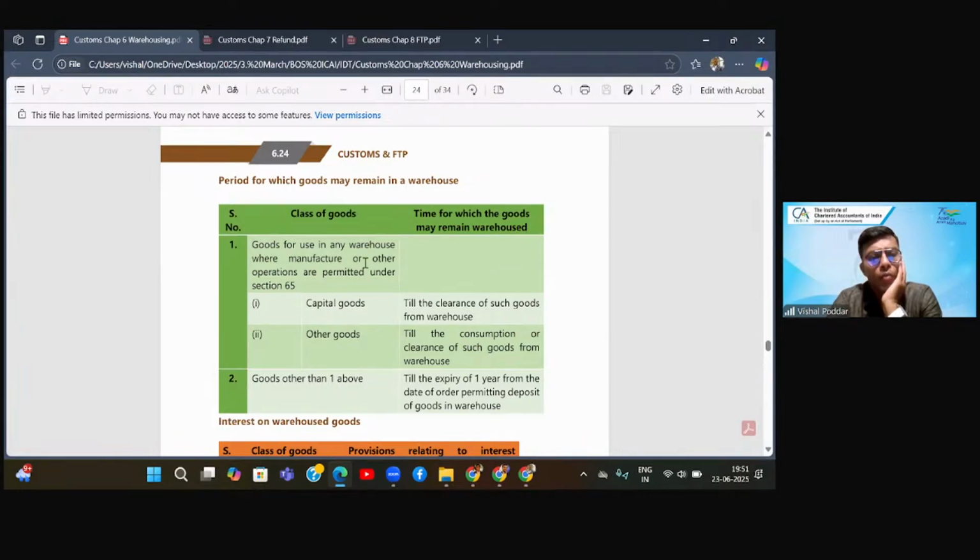So you are allowed manufacturing. Now you have to follow the Section 65 procedure. You are allowed to do manufacturing, that is what 65 says. But for that, you'll have to take special permission. You have to give a special bond for that. So manufacturing is allowed as per Section 65, but for that, you'll have to take that permission first. Okay, sir. My question is that upon removing the waste, we need to pay the tax, right?